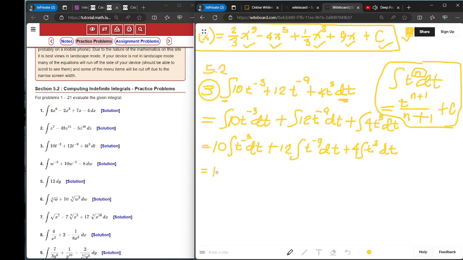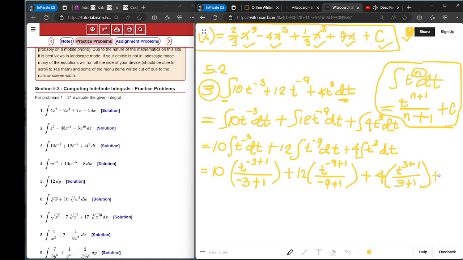So this will become 10 times t to the negative 3 plus 1, since our n is negative 3, over the denominator negative 3 plus 1. And we have plus 12 times t to the power of negative 9 plus 1 over negative 9 plus 1, plus 4 times t to the power of 3 plus 1 over 3 plus 1.